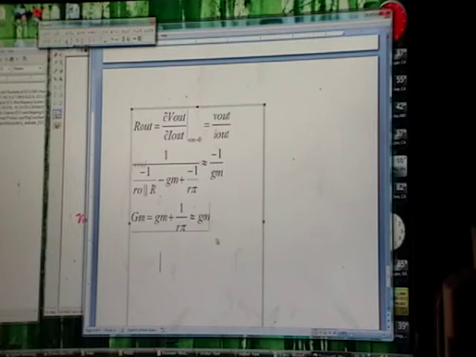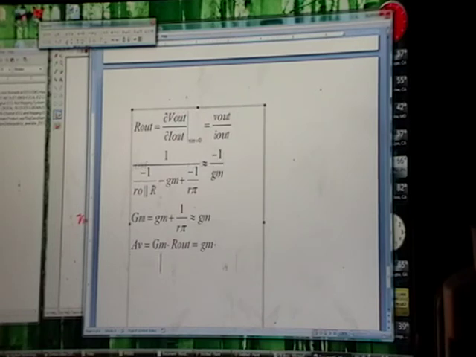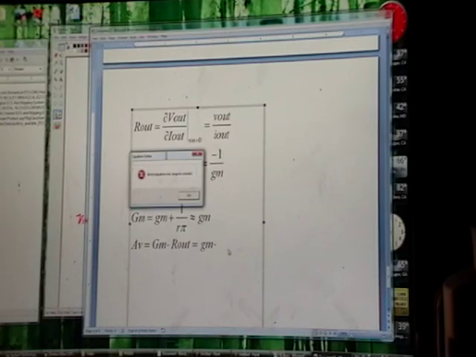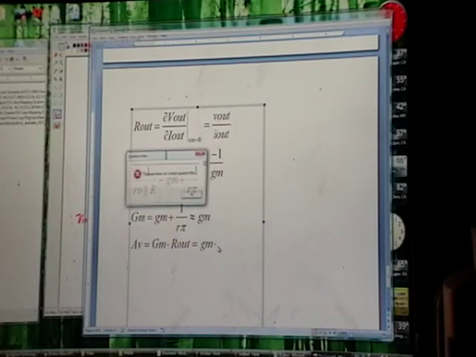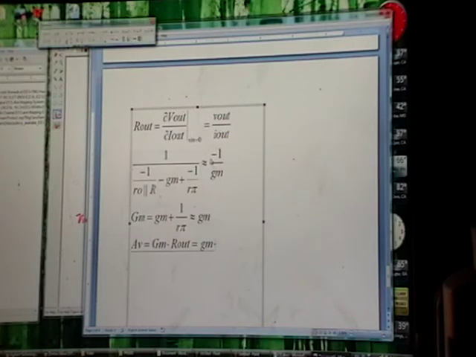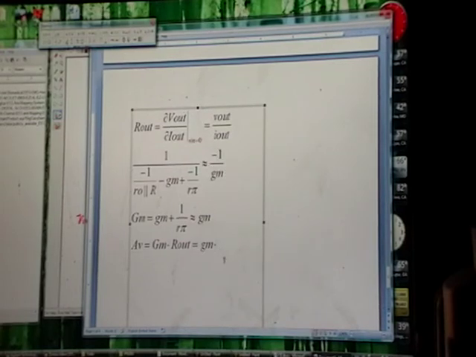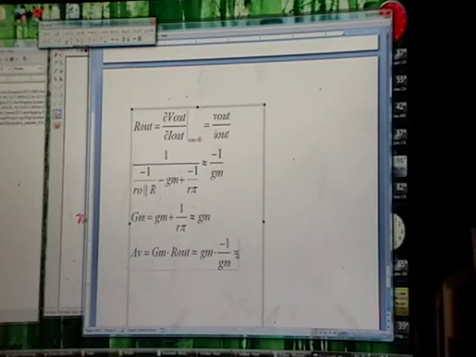Okay, that means your gain, AV equals big GM times R out, which equals GM times, with the sign error, yeah, whatever. Okay, try it one more time, and that equals 1, -1 in this case, but it should be 1.